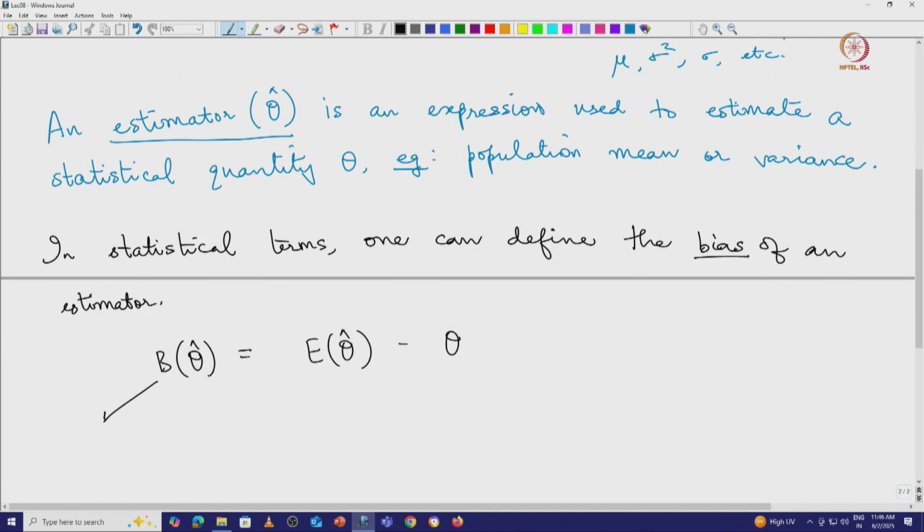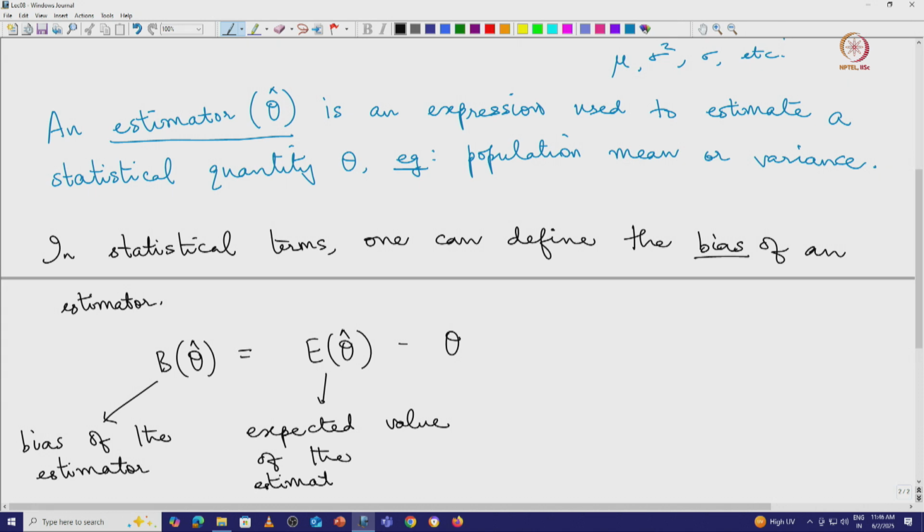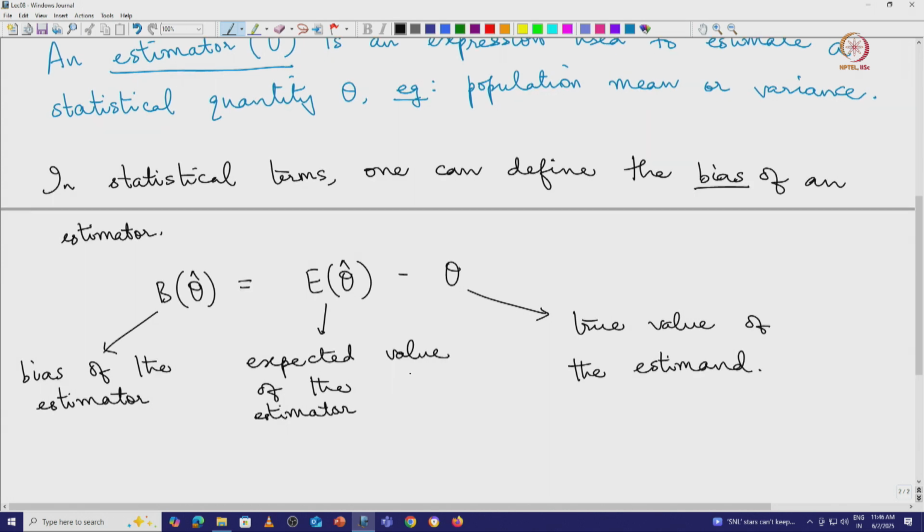So, this B is the bias of the estimator, this E of theta hat is the expected value of the estimator, and this theta is the true value of the estimand, which is essentially the quantity that is being estimated, right.